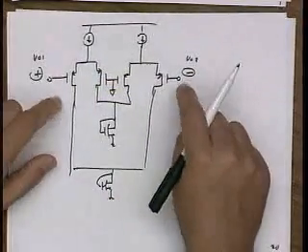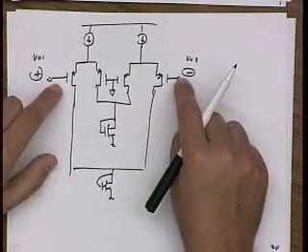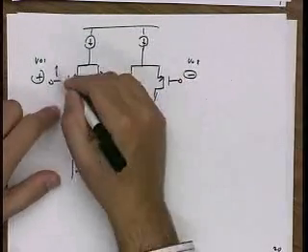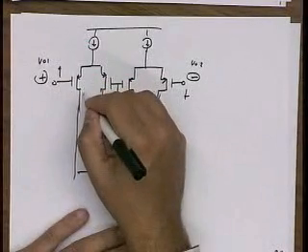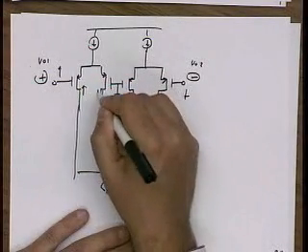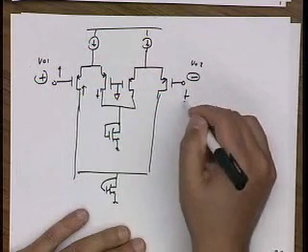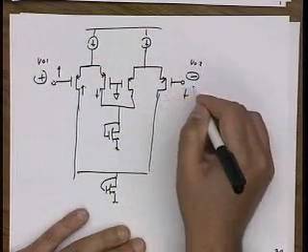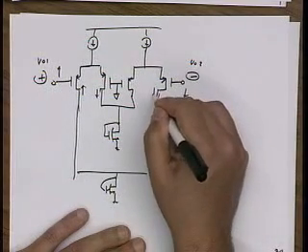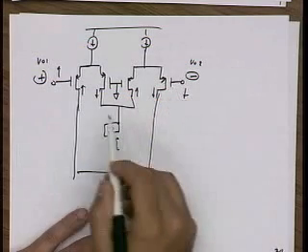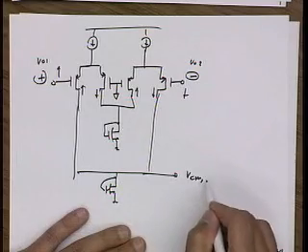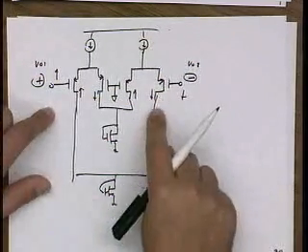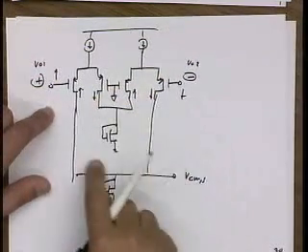The idea is that if I have a differential signal, let's say this goes up, this goes down, then this generates a current in this direction, this goes down, so it generates a current in this direction, and if I use this terminal, let's call this V common mode sense, this current just circulates, right?